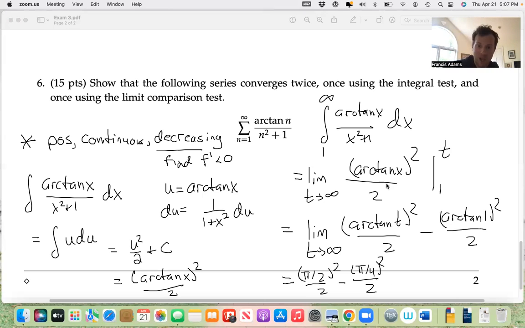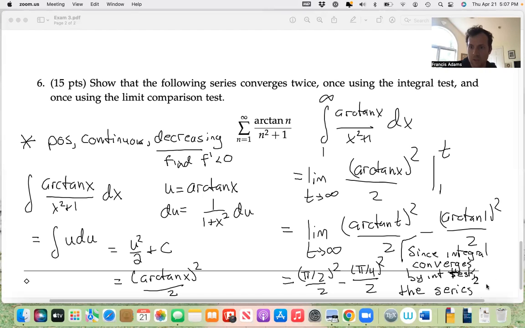But the main takeaway is that since the integral converges, by the integral test, the series converges. Not to whatever number this is, but it does converge.